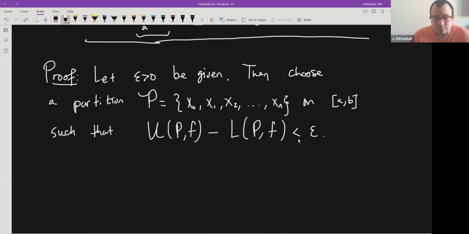And because f is Riemann integrable, the set of Riemann integrable functions is a subset of the set of Riemann-Stieltjes integrable functions.